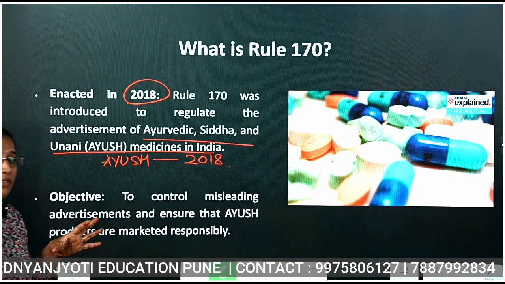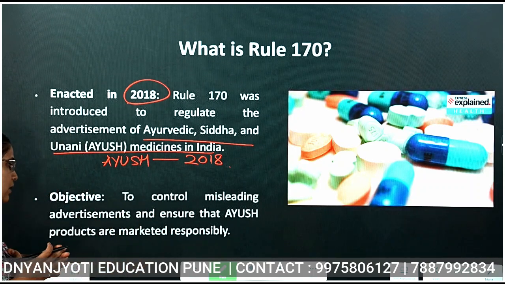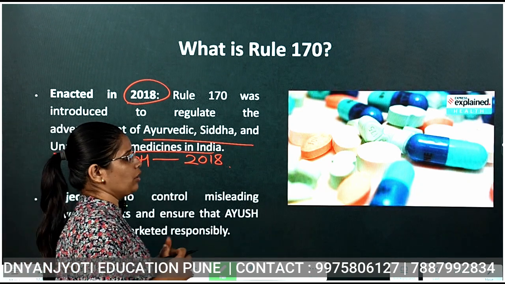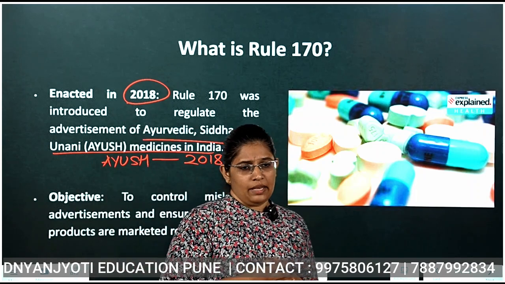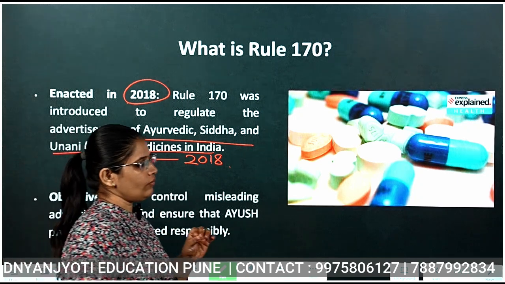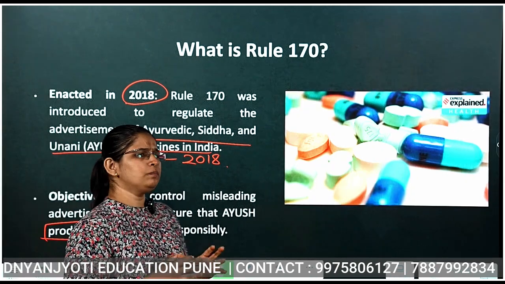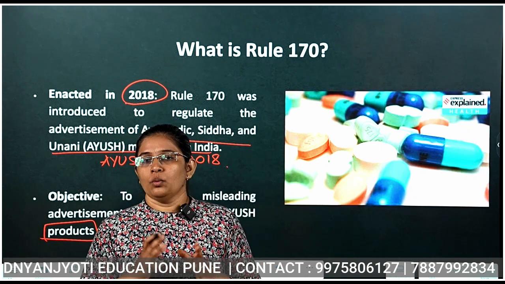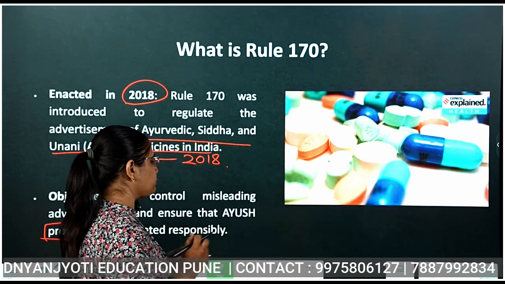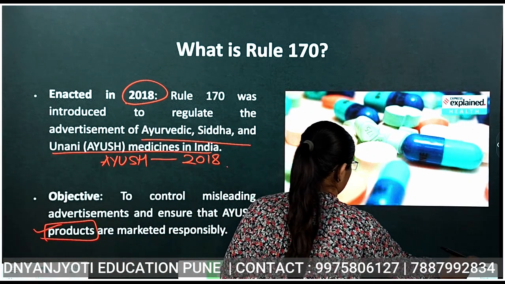The objective of this rule is that it aims to control misleading claims and misleading advertisements that can be made by certain medicines. Okay. And it ensures that Ayush products can be marketed properly. So Rule 170 aims to curb misleading advertisements and certain claims related to Ayush products.